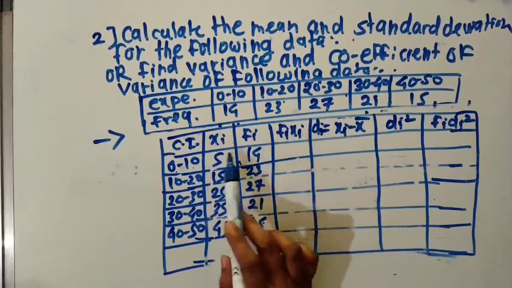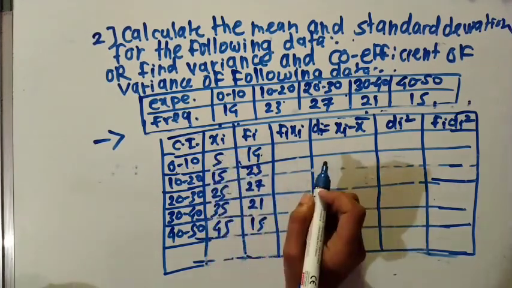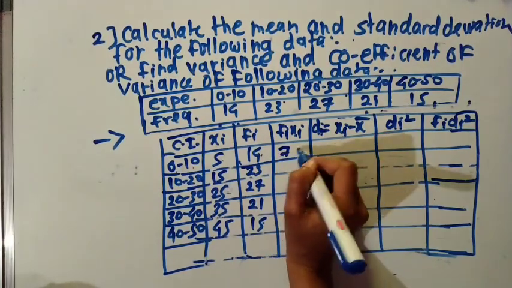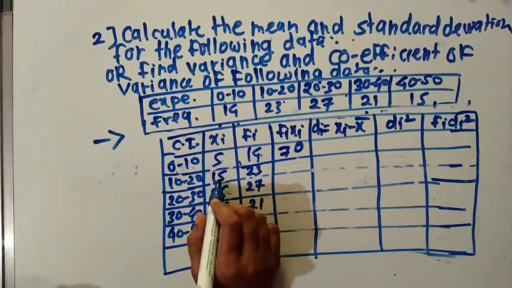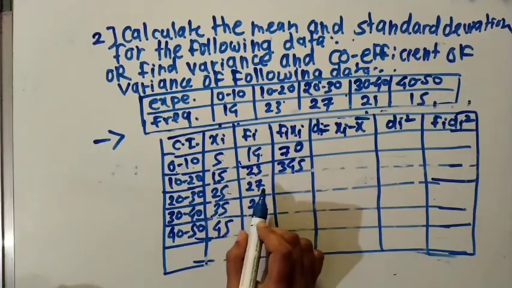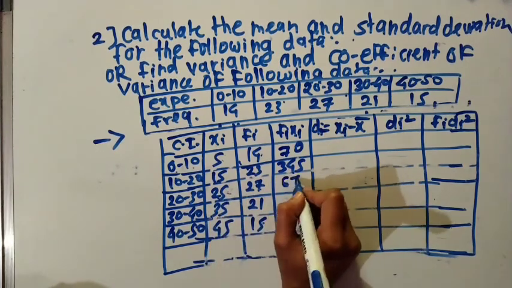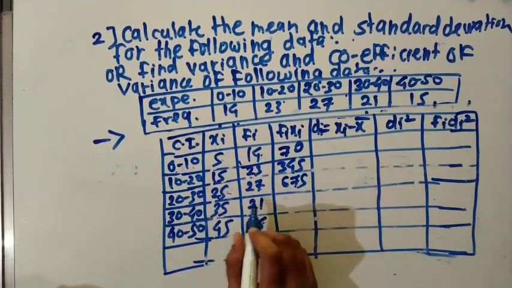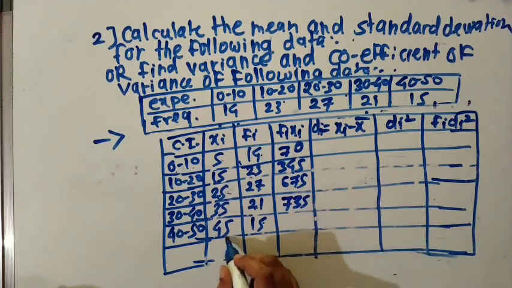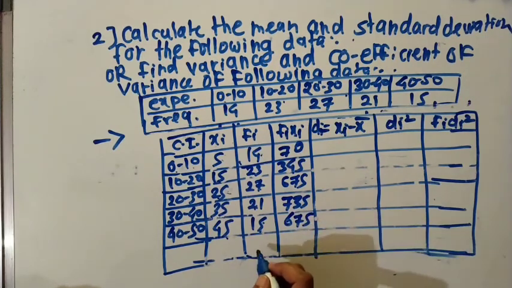Then fi into xi means 14 into 5 is 70, 23 into 15 is 345. Then find all these multiplications, 35 into 21, then 45 into 15 is 675.